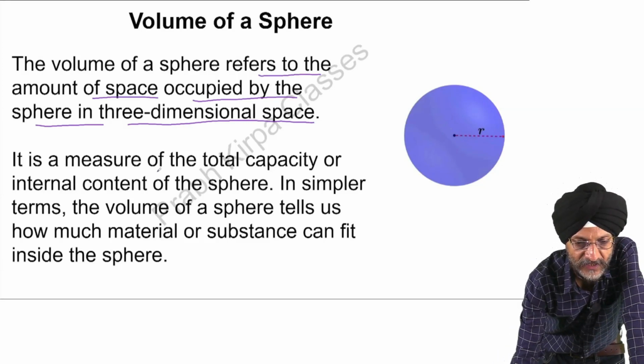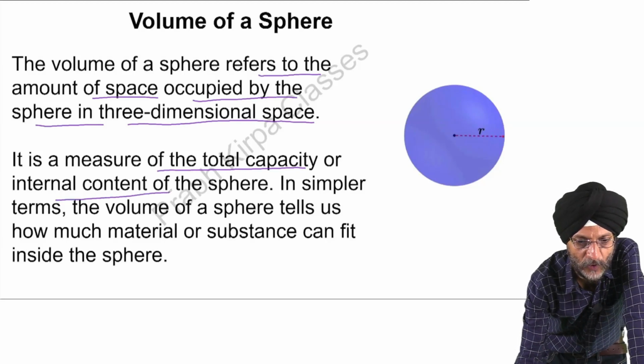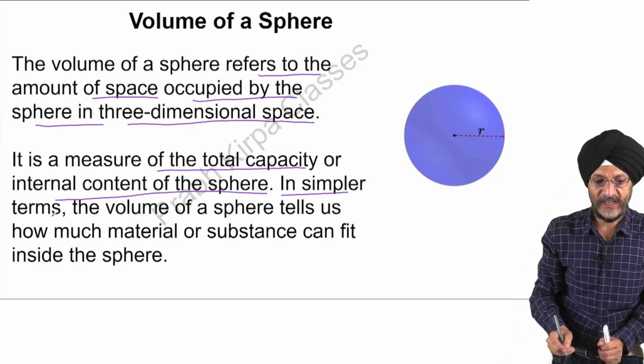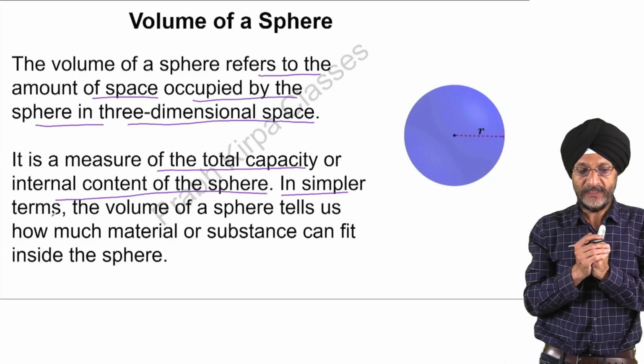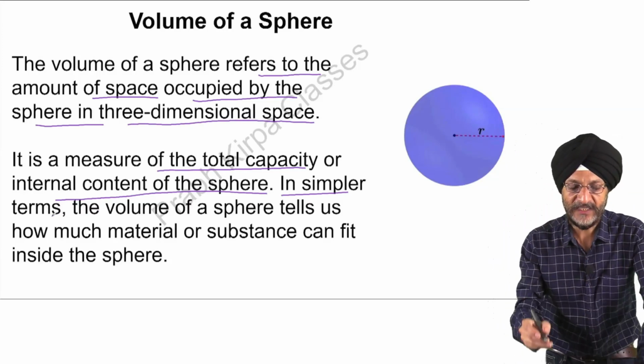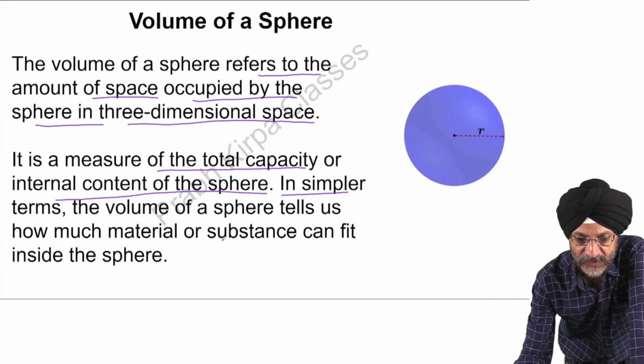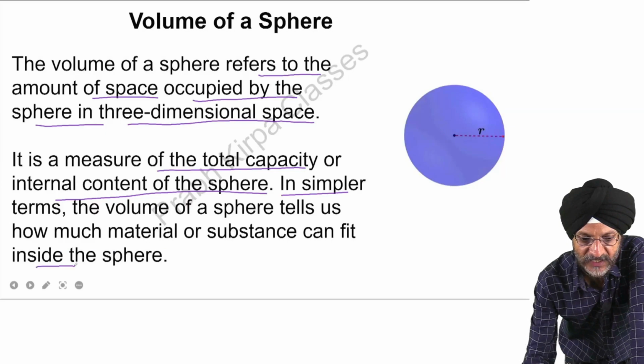It is a measure of the total capacity or internal content of the sphere. In simple terms, the volume of the sphere tells us how much material or substance can fit inside the sphere.